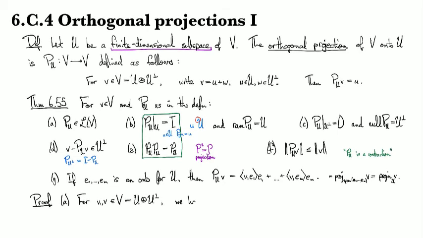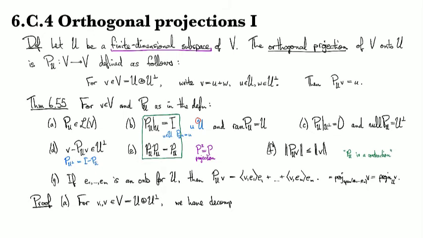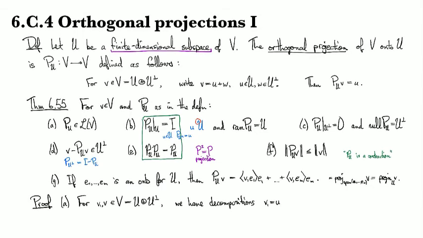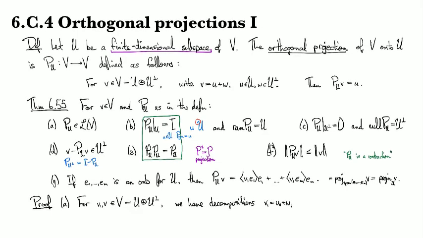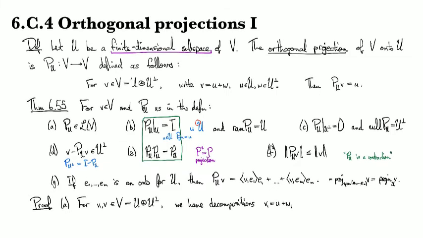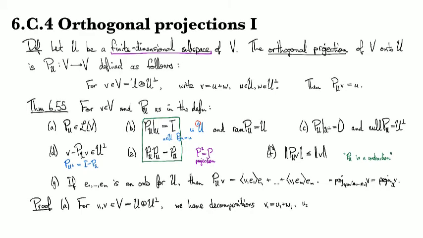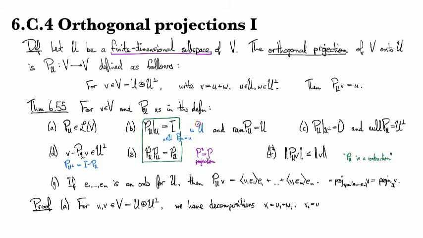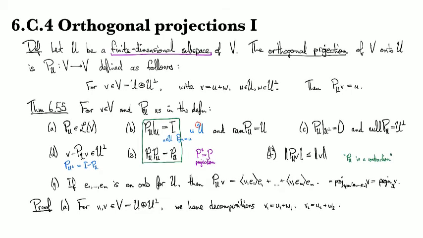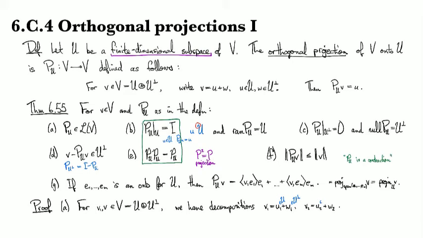And so we have the corresponding decompositions, V1 equals U1 plus W1, and V2 equals U2 plus W2. When I say corresponding decompositions, you should assume that this is the part that's in U and this is the part that's in U perp for each of those.